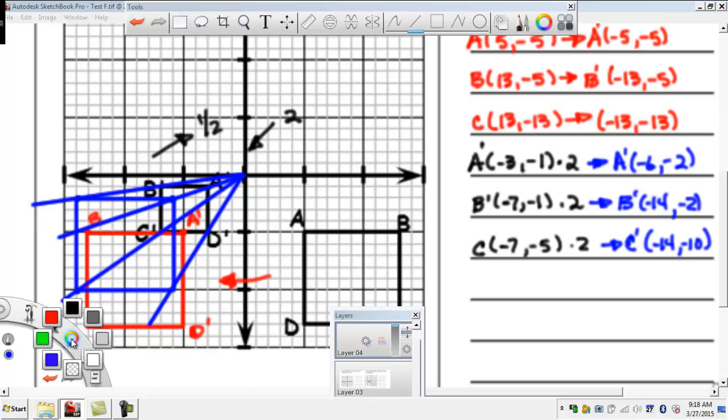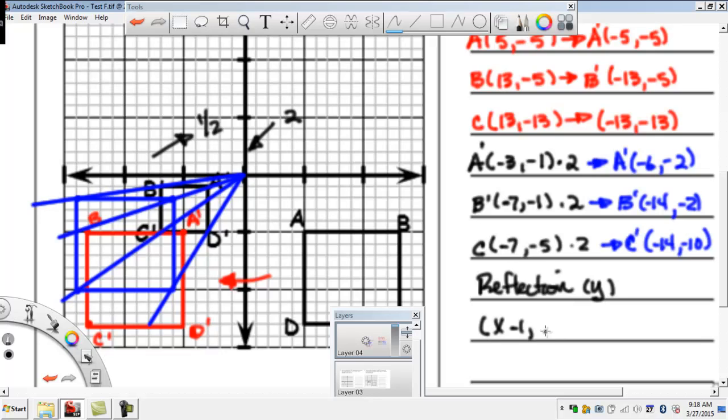So our final steps, we do a reflection over the y-axis. We do a translation of x minus 1, y plus 3, and then that last step was required to do a dilation.